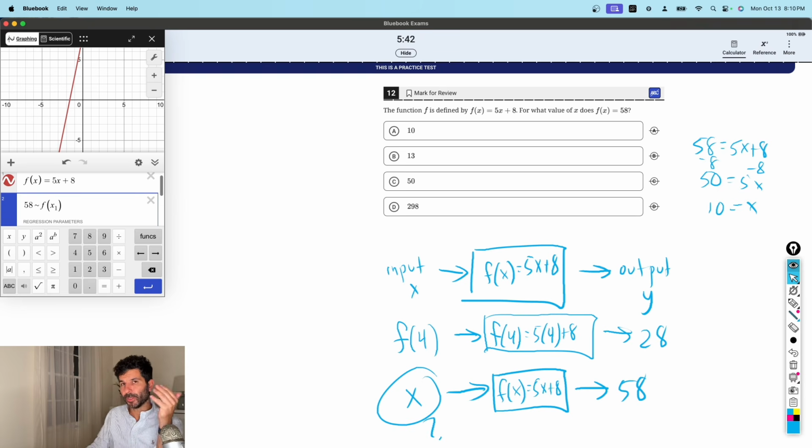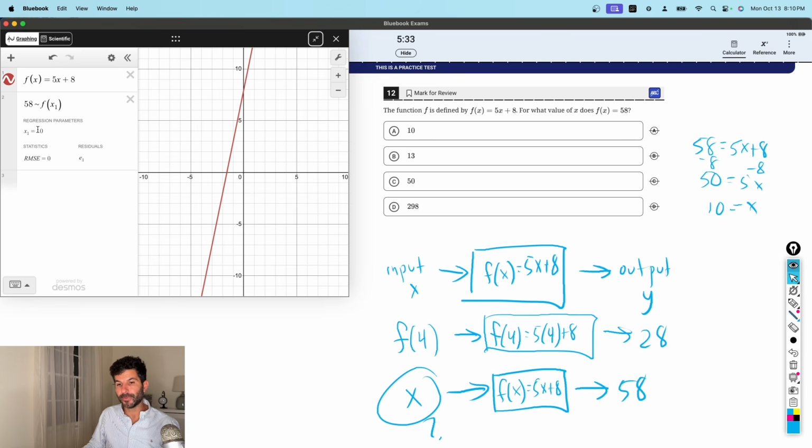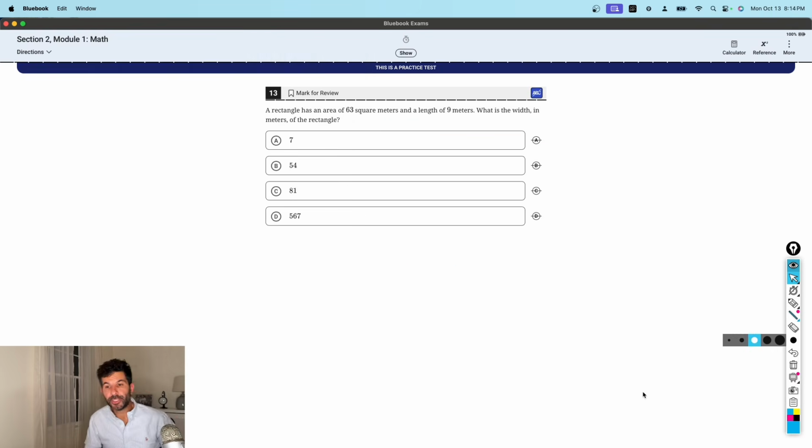Remember, whenever we use regression, it's got to be any variable besides x or y, or you can use subscripts. By typing that command, I'm asking Desmos to tell me what is my input. I'm forcing it to say my output's 58. What is the input that gives me that output of 58? And as we can see, it gives me 10. So again, I can confirm it with that. It's like you're checking your answer, right? So I'm very confident with that answer. A is our answer.